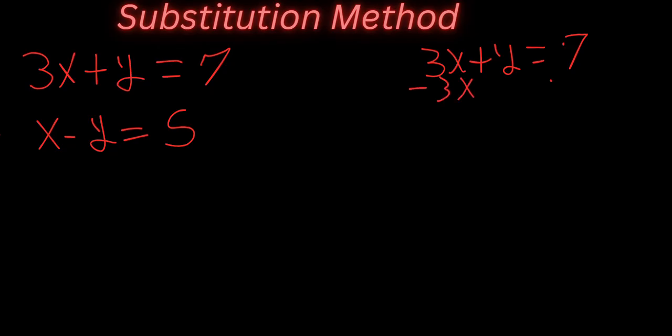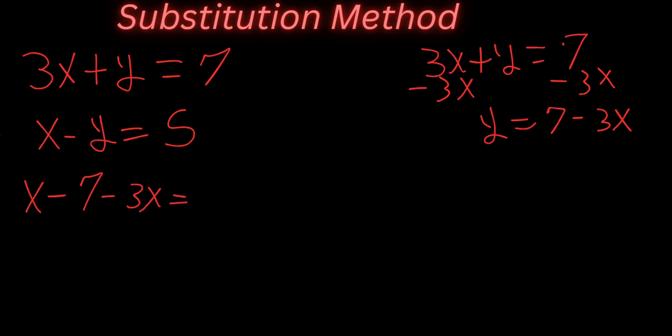Let's subtract 3x from both sides. We now have y equals 7 minus 3x. Well, now we know what the y value is. So let's take this as x minus 7 minus 3x equals 5.